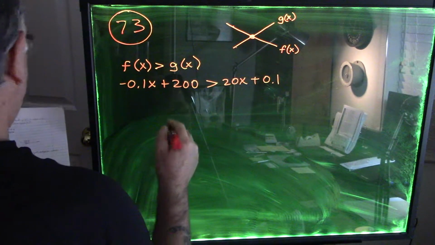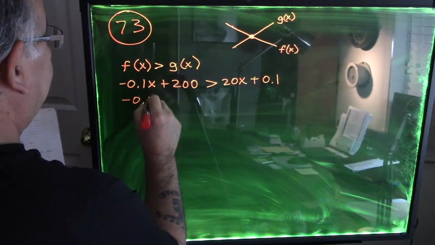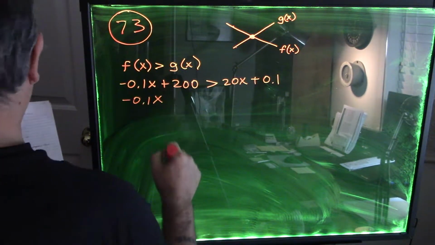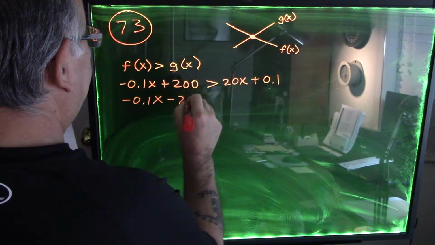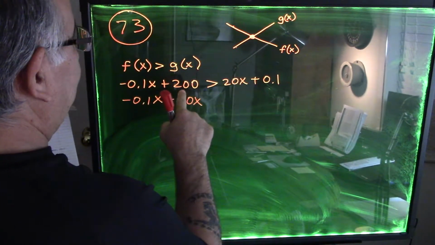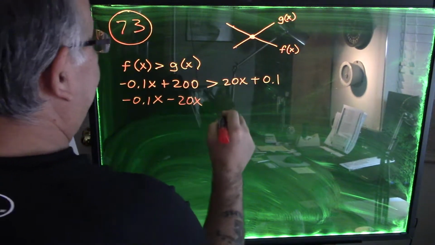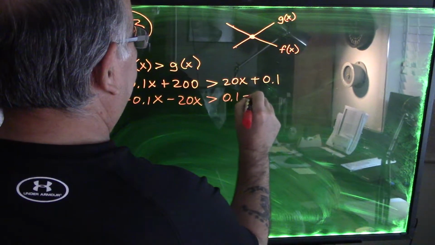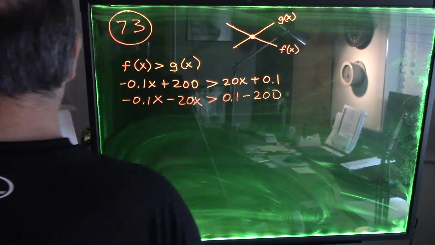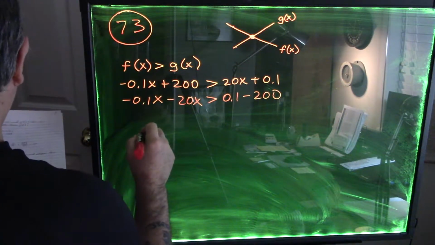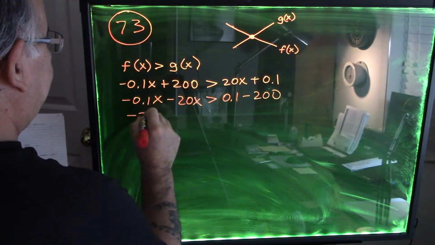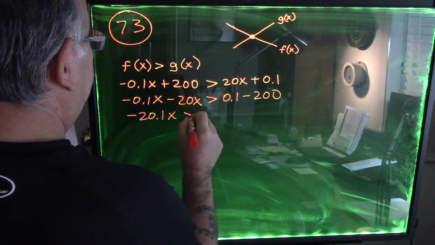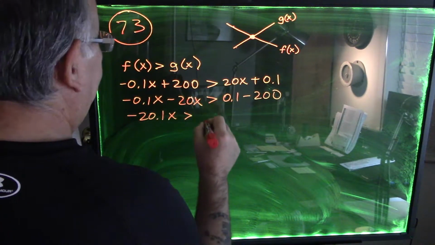And so we've got negative 0.1x, and I'm going to move this 20x, transpose it to the left side, so you get minus 20x. And then transpose the 200 to the right side, make that a negative 200. So that's greater than 0.1 minus 200. So simplifying, I get negative 20.1x is greater than negative 199.9.